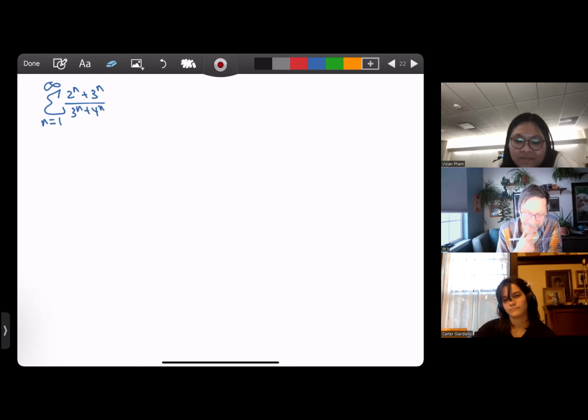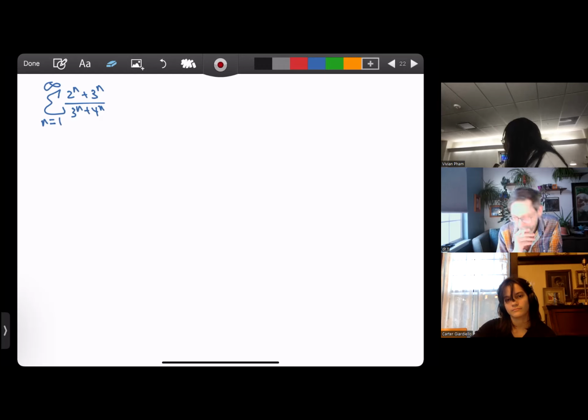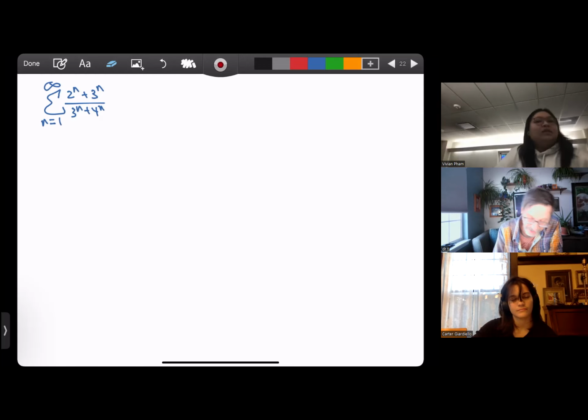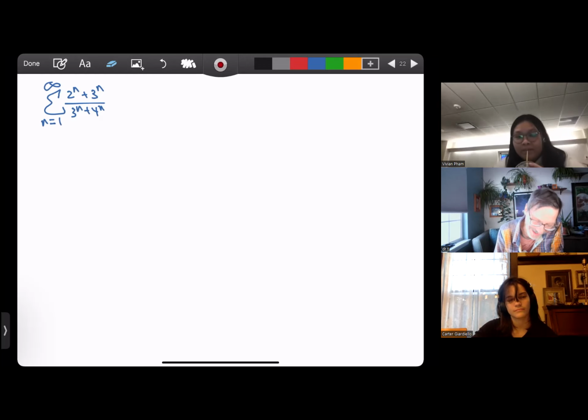I forgot what the easy trick is here to do this. Part of me wants to divide through by 4 to the n on top and bottom. Gosh, I don't know. Let's just try.